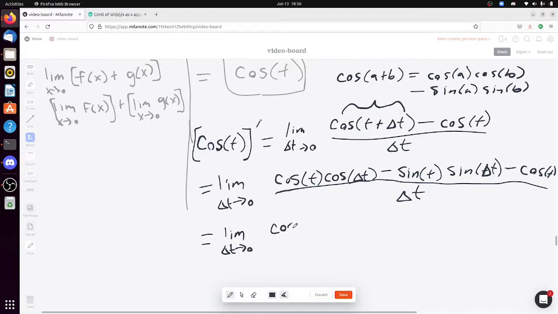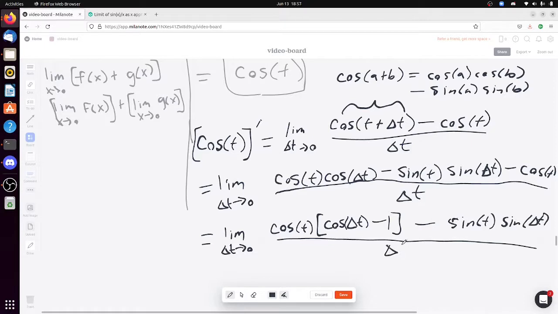So we have cosine t times cosine delta t minus 1, and then we have minus sine of t times sine of delta t, all over delta t.